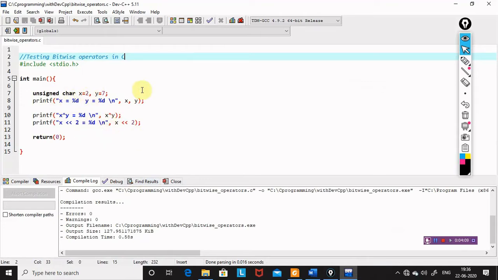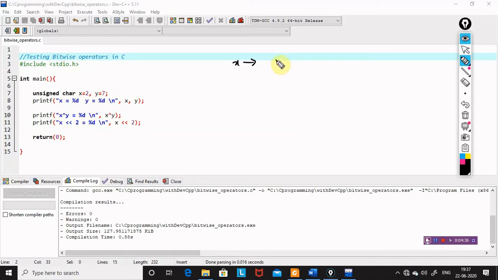Here, x is equal to 2 and y is equal to 7 are two unsigned char variables which have been initialized with values 2 and 7 respectively. That means x and y are in binary, since they are of unsigned char type.